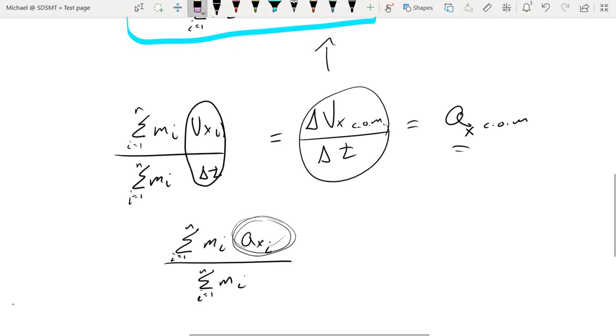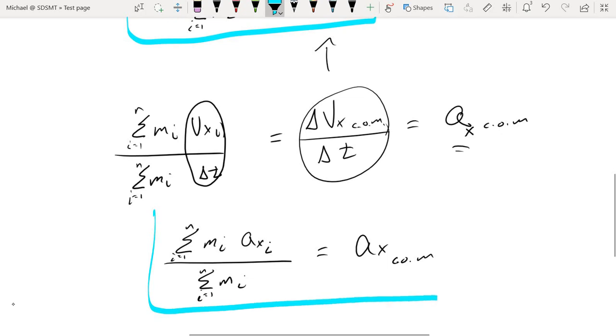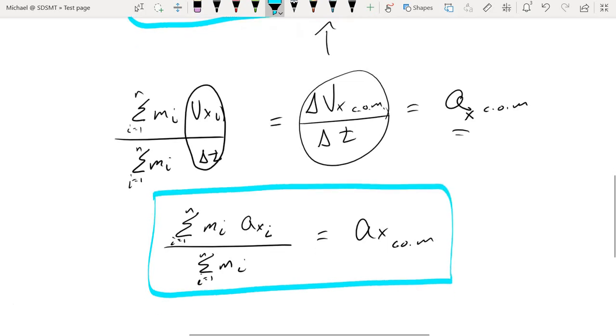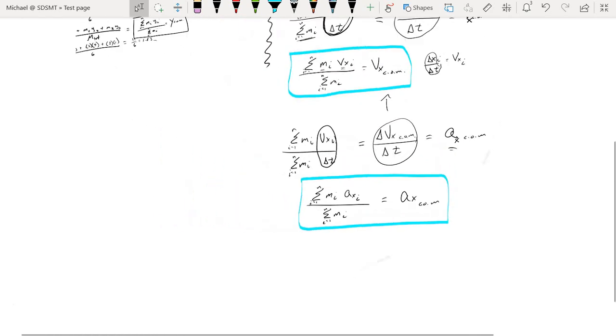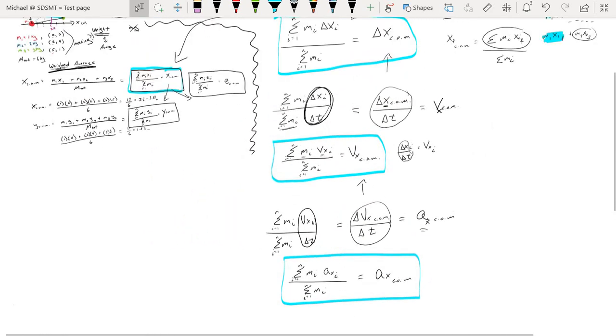And then if we need to, we can go back and we can replace all of the x's with y's or z's, depending on which axes we're working in. But now we have an equation that tells us how the center of mass for a system will accelerate along the x-axis. So what do we have here?